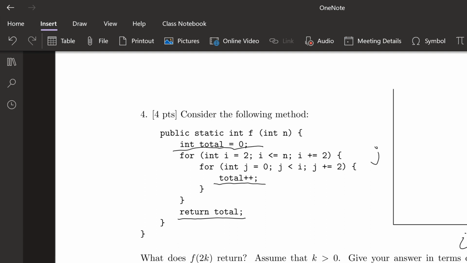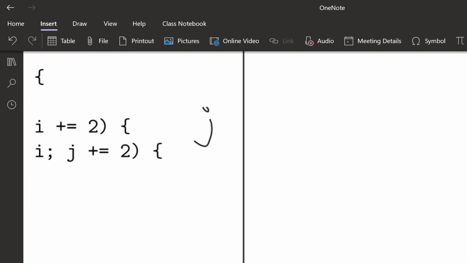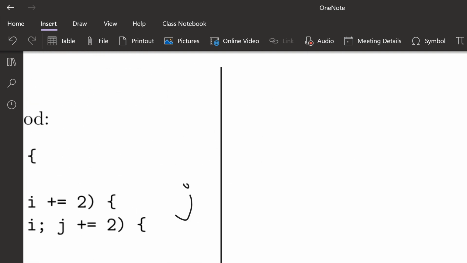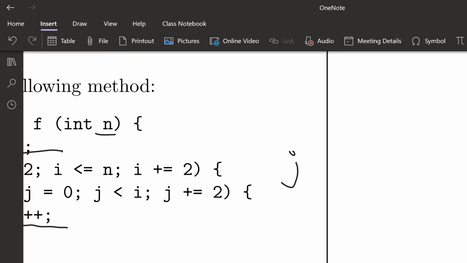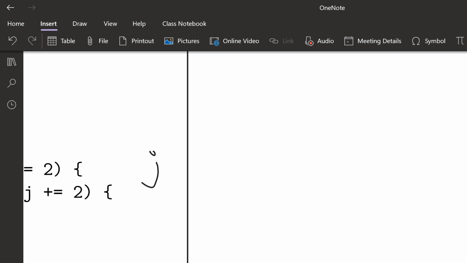But to begin with, we're asking specifically about f of 2 times k, right? Meaning our n here is going to be 2k. So I'm going to see if I can zoom in on this and not touch anything else on the surface. Nope, and there it goes. We're starting from i equals 2, and we're going up to i equals 2k.